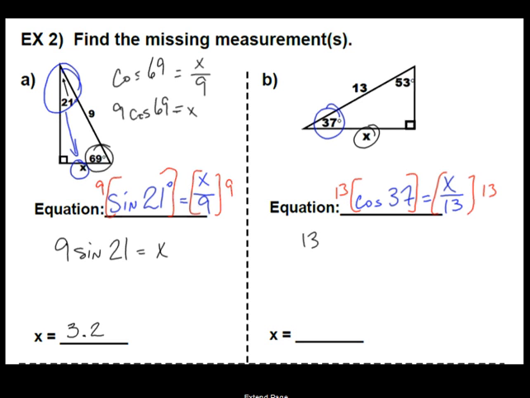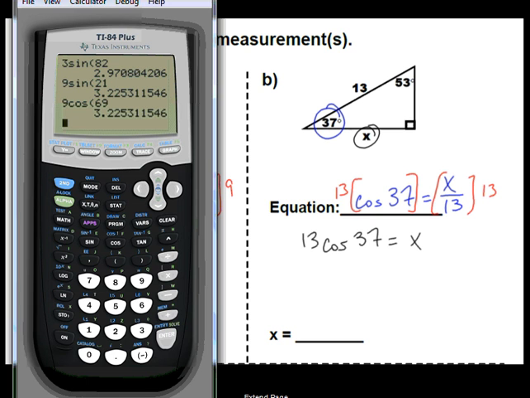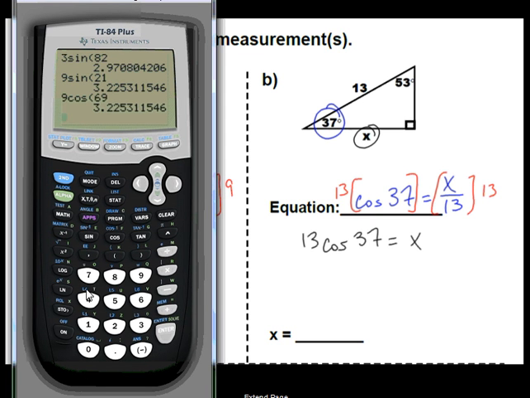So I have 13 cosine 37 gives me the value of x. Grab my handy dandy calculator. And I type in 13 cosine 37. Press enter. And I get 10.4.